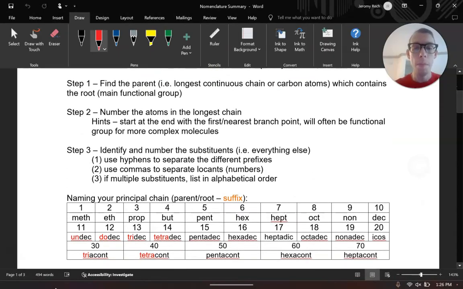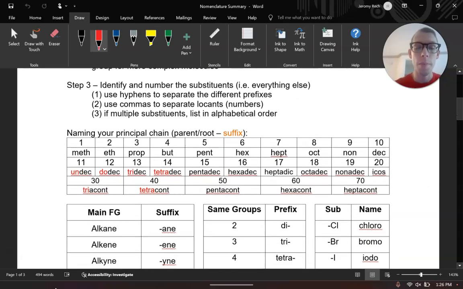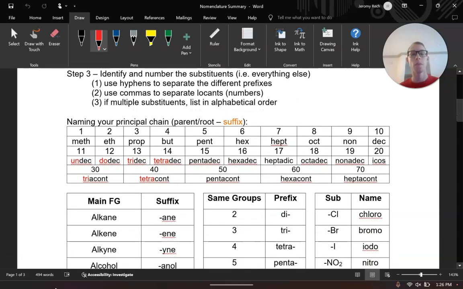Now, in terms of coming up with a number associated with your parent or your root, I have here a table showing all of the different numbering systems. The ones that we're going to primarily focus on are in the 1 through 10.